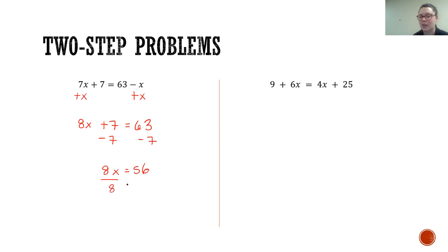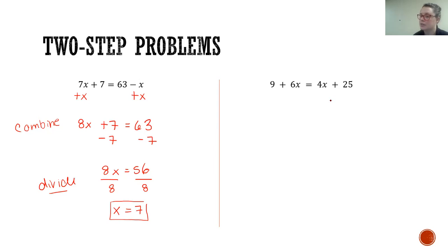Divide both sides by 8. Dividing or multiplying is typically going to be one of our last steps. And we are left with x equals 7. So first combine, and then we divide.